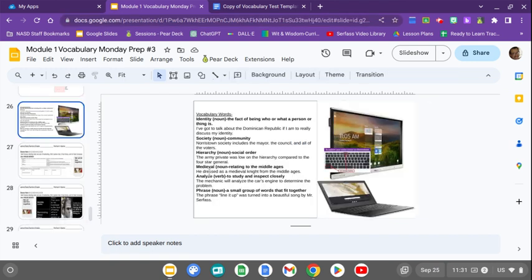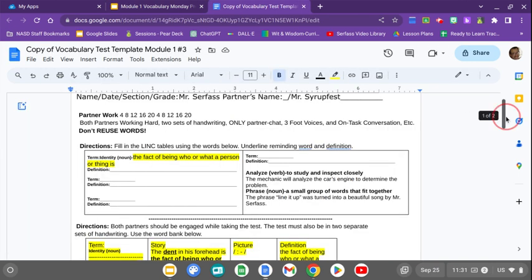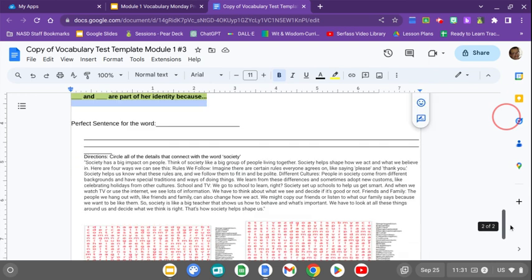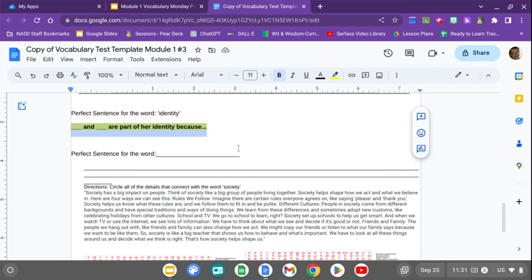I like this word medieval, relating to the Middle Ages. I think that's a perfect one for a perfect sentence. So down here, I'm going to put the word medieval. And then I can look back to some of my notes from last week, right? What do I know about the medieval ages? What was it like to be alive then? What year was it? When did it start? When did it end?